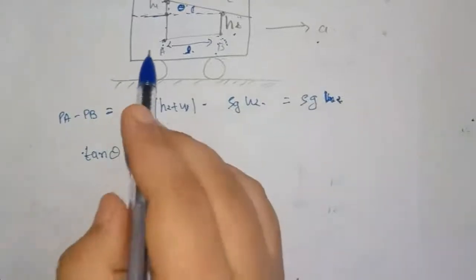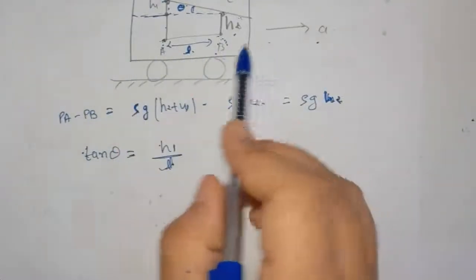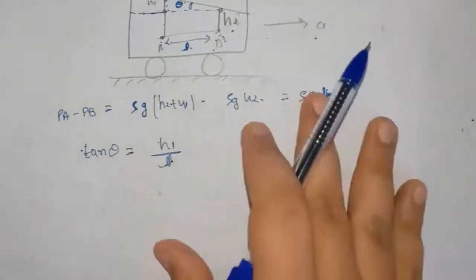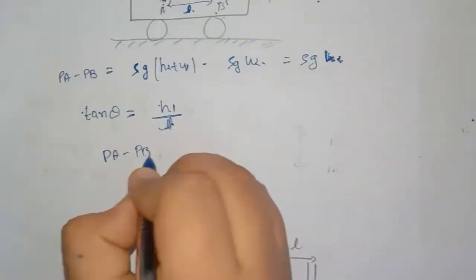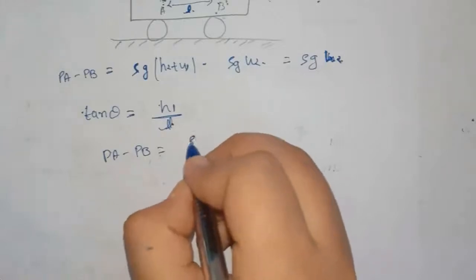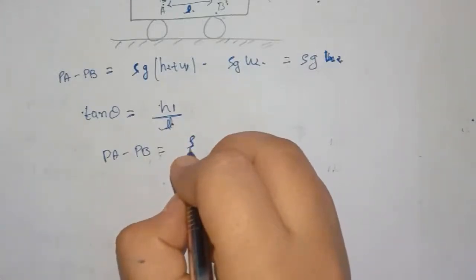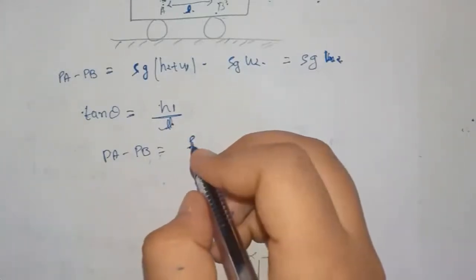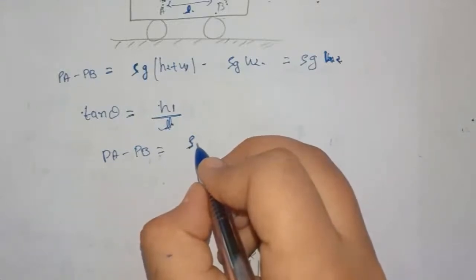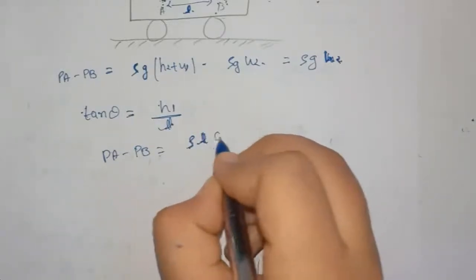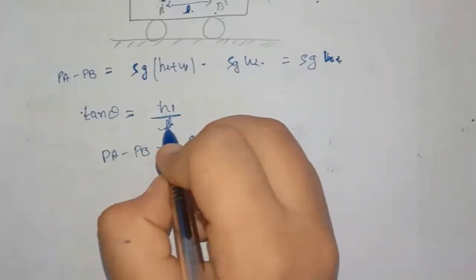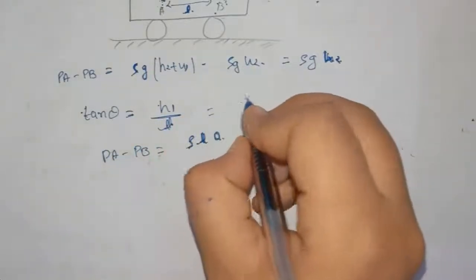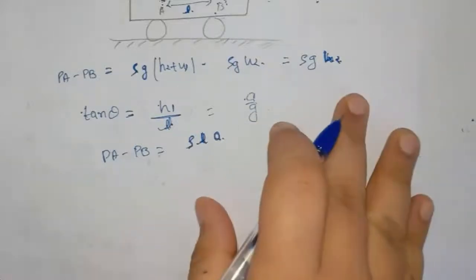Now, in the case of the pressure difference along horizontal, we can write PA minus PB is equal to rho L a, because tan theta is equal to h1 by L, that is equal to a by g.